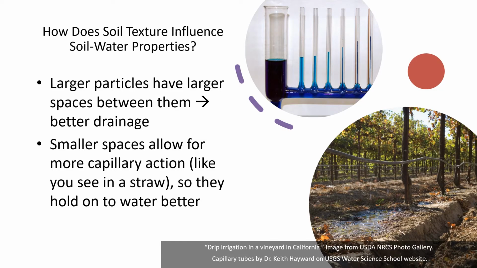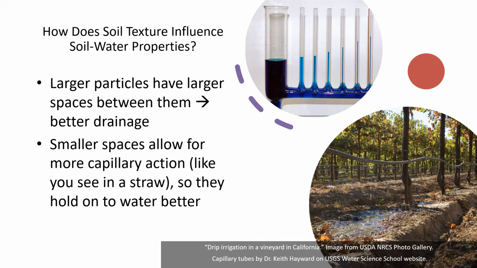Very generally speaking, soils with larger particles, so sand, also tend to have larger spaces between the particles, so larger pore spaces. And because of this, sandy soils have better drainage. Alternatively, soils with more clay, so small particles, tend to have a larger fraction of small particles, and they have smaller spaces between the particles.